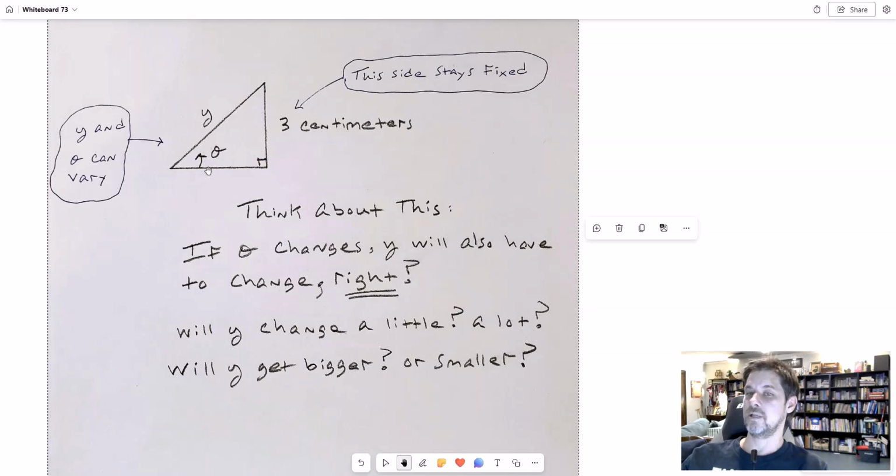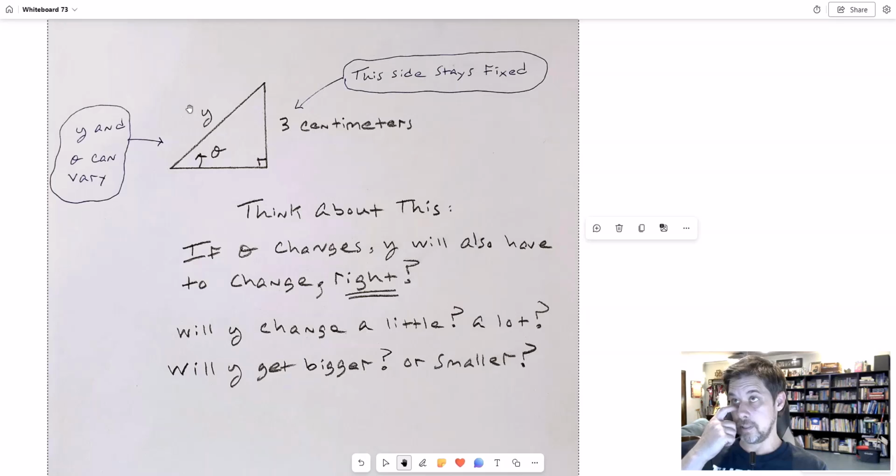Maybe a small change in the angle causes a big change in the hypotenuse, or maybe not. But that's the kind of thing that we wonder about when we're working with derivatives, is how does change in one thing cause change in another? Okay, so will it change a little? Will it change a lot? If the angle gets bigger, will the hypotenuse get smaller, or will it also get bigger? There's all kinds of things that we could wonder about when it comes to change in one aspect of a system causing change in another.